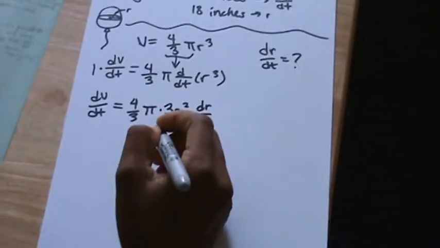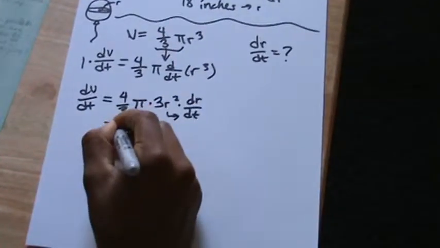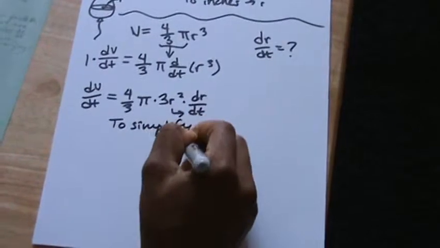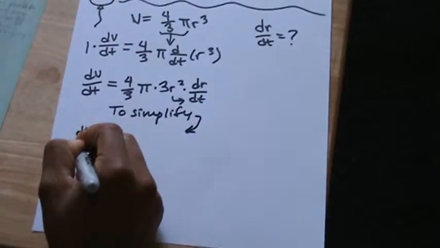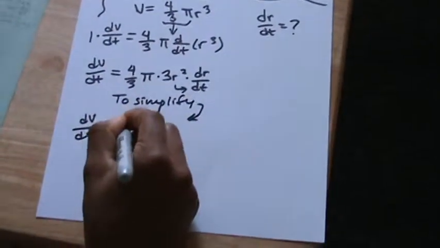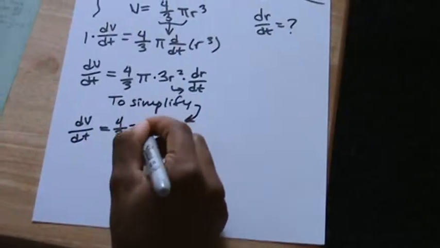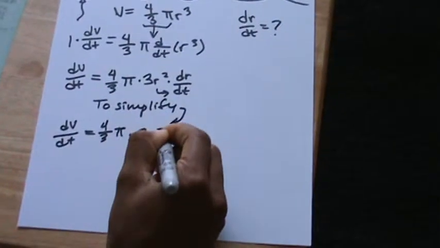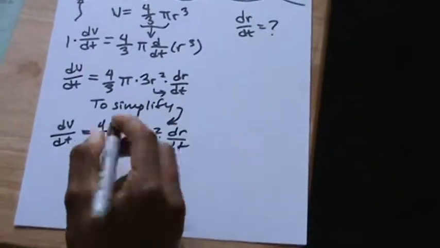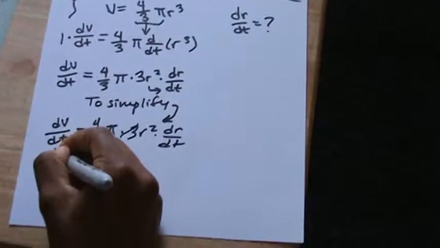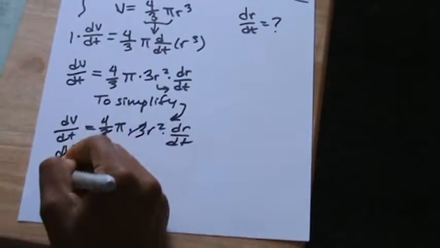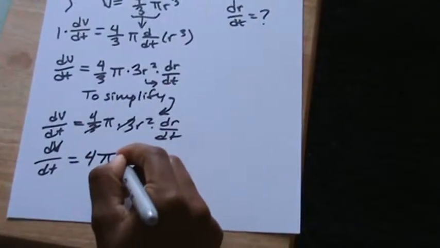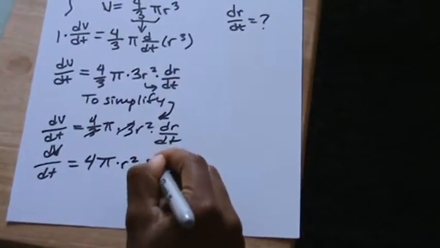And then to simplify, you end up with dV/dt equals 4/3 pi 3r squared times dr/dt. And you can reduce the 3's. So you end up with dV/dt equals 4 pi r squared dr/dt.